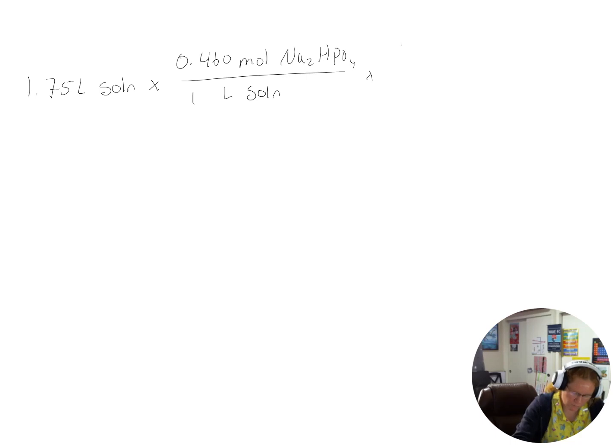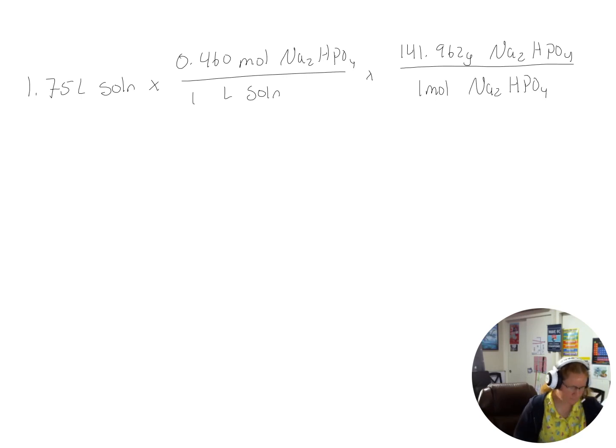And then I have 141.962 grams in every 1 mole. Okay? And so I get 114 grams of my sodium monohydrogen phosphate contained in that amount of solution.